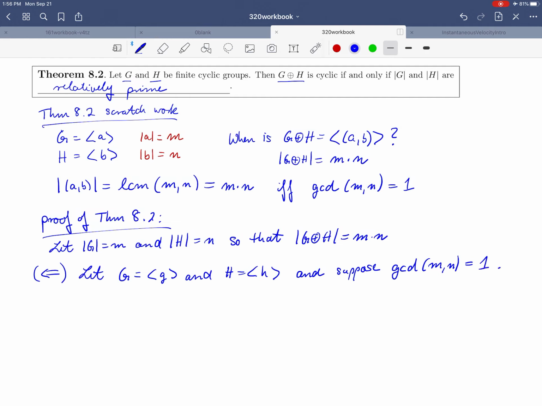Okay, so then this is going to be pretty straightforward, because what we're going to look at is the order of (g, h). We're going to show that this is going to be our generator. So let's look at the order of (g, h). And by the theorem that we just proved, 8.1, we know what it is. It's the LCM of M with N. So that is by Theorem 8.1.